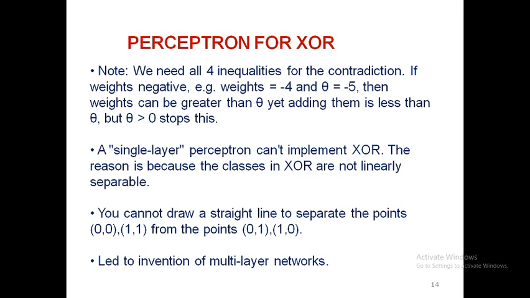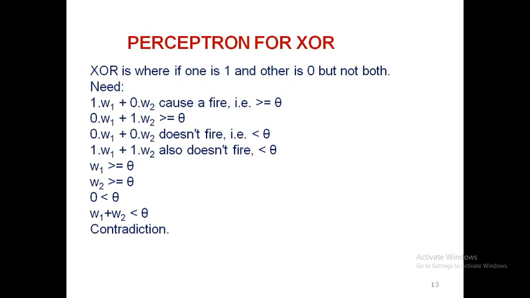Here the weights are minus 4. One weight is 0, another weight is minus 4 also. The first two will be satisfied. Let us take W1 is equal to minus 4 and theta is equal to minus 5. Minus 4 is greater than minus 5.